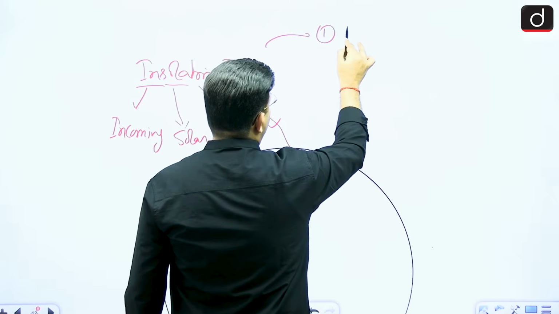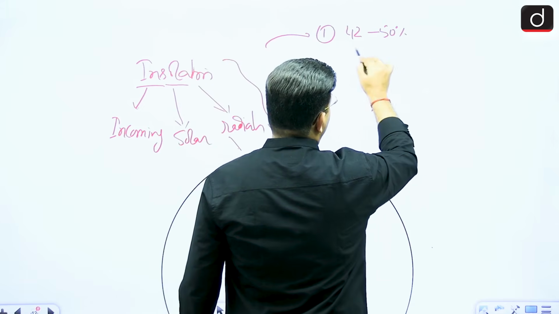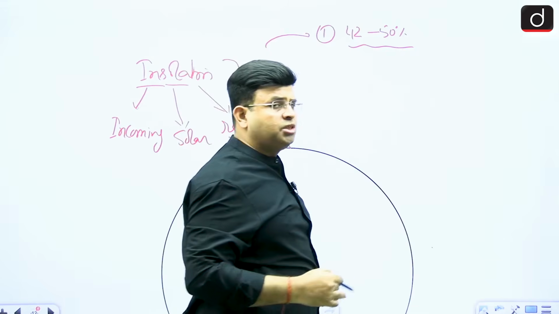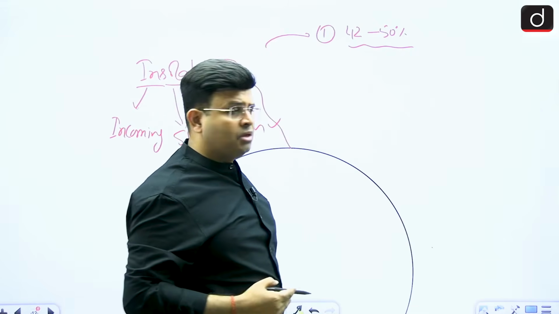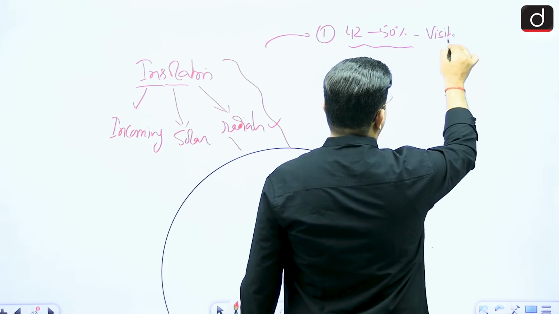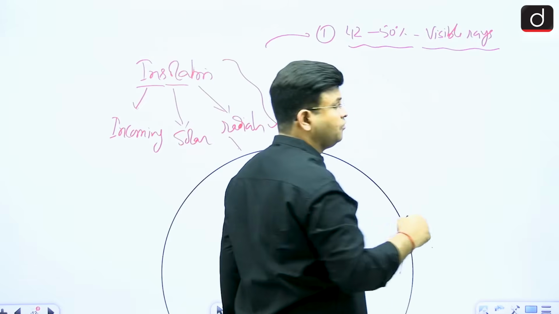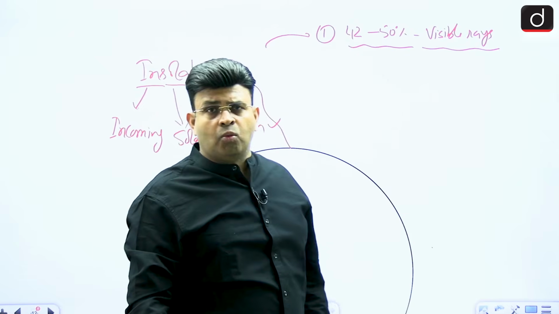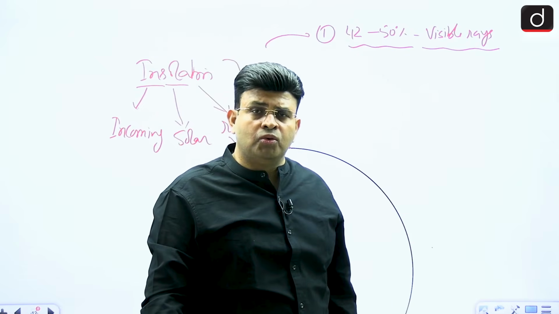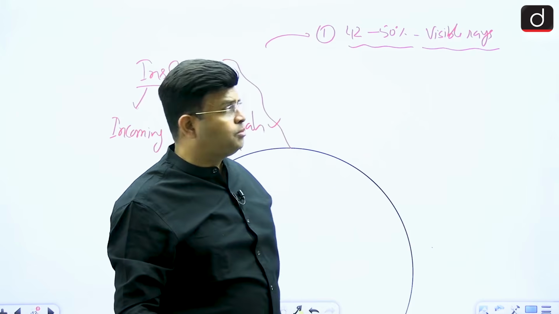In this, first of all, around 42 to 50% is visible rays. Visible rays we can remember as VIBGYOR: violet, indigo, blue, green, yellow, orange, red. These are the visible rays.